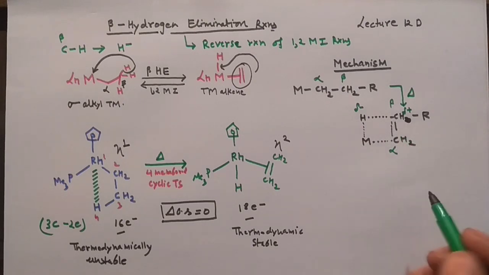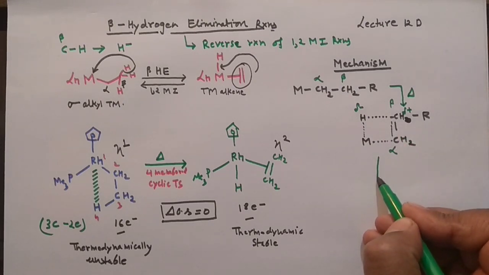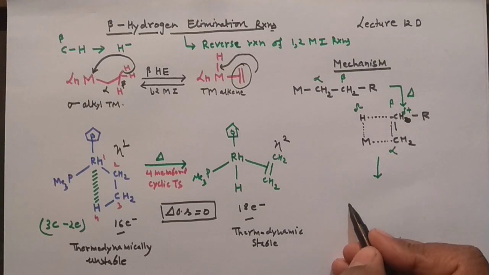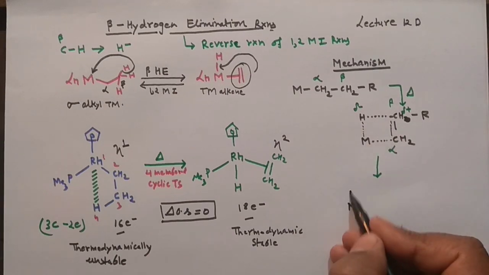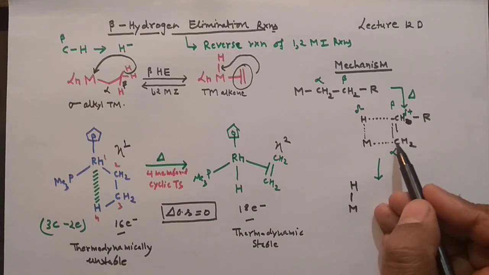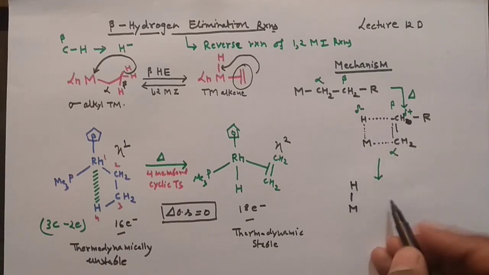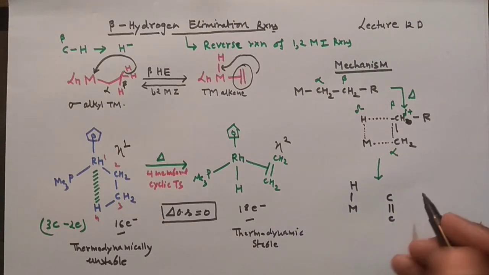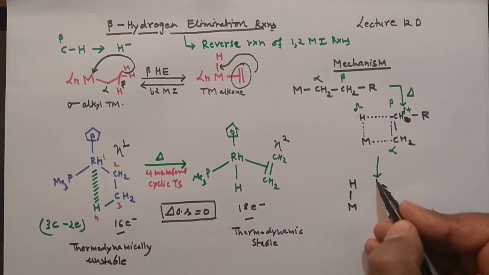Agostic interactions are there, and after that you will have your product, and the product would be just like that. This is the metal, and this metal now will have the hydrogen over there, no problem, and the double bond will form between them. So I can write carbon-carbon double bond here, and one hydrogen is there, I can put hydrogen here.